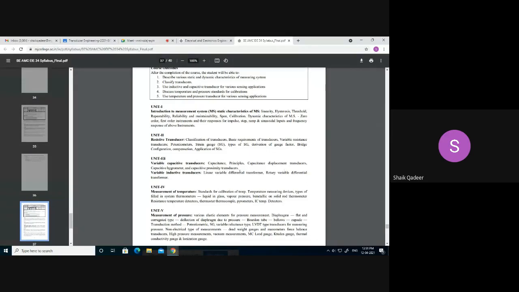Three applications we will cover under capacitive transducer. Then for inductive transducer, we will see the principle, and later two applications of inductive transducer. The first one is called linear variable differential transformer, short form LVDT. The second one is RVDT, rotary variable differential transformer. Hope it is clear to everybody.